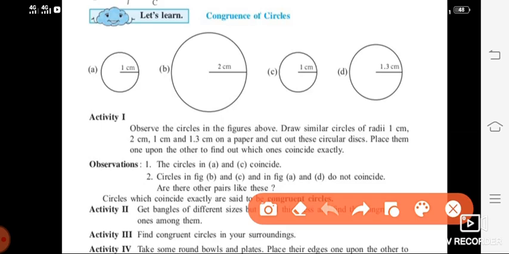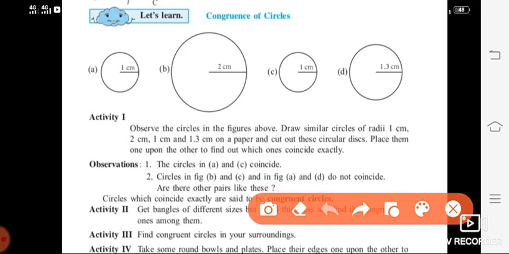They have given 4 circles and the measurement of their radii. They are telling us to observe the circles. The first circle is of 1 centimeter radius. Second is 2 centimeter, then 1 centimeter, and 1.3 centimeter. So we have 4 circles.